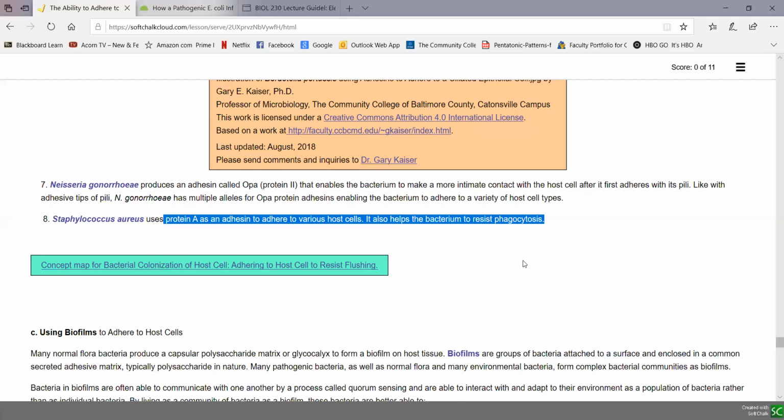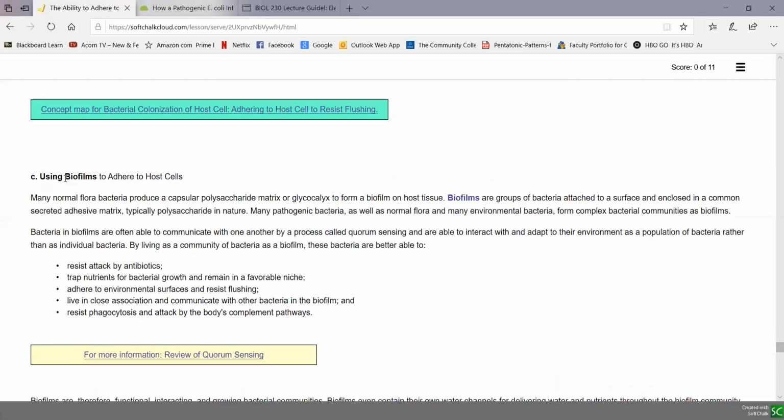And of course, the third way bacteria adhere is by producing biofilms. So many bacteria produce a capsular polysaccharide matrix or glycocalyx that initially allows bacteria to adhere, but then as quorum sensing genes are activated, that leads to massive secretion of this polysaccharide matrix, forming a biofilm on the host tissue.